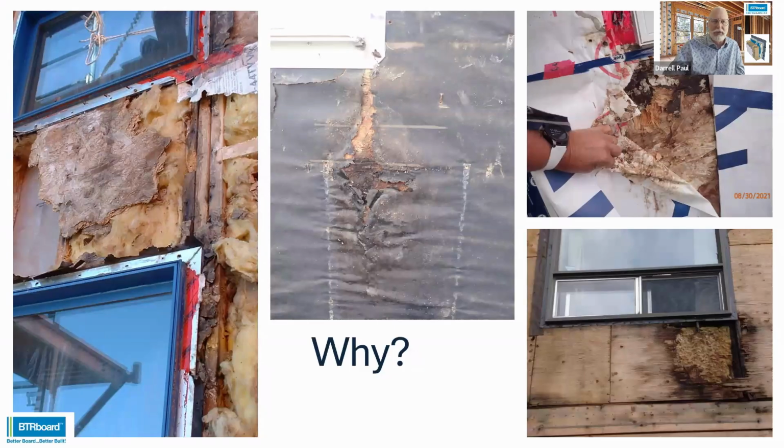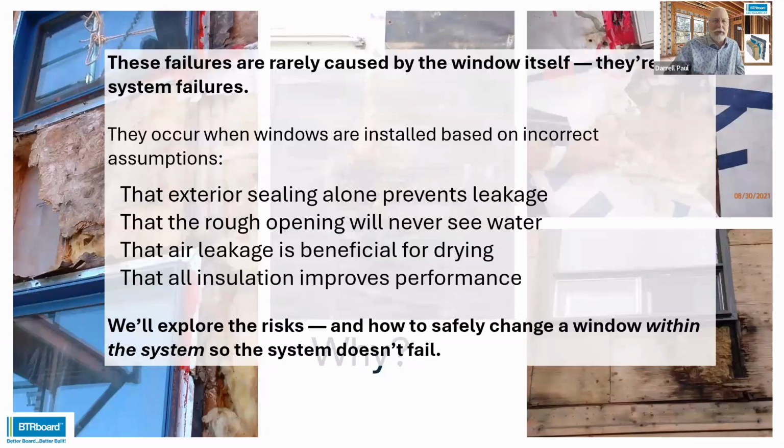Well, in most cases, the cause isn't the actual window itself. The cause is coming from the fact that the window was put into an opening and then there were some assumptions that were incorrect. So for instance, there's 4 points there. The exterior sealing alone prevents leakage. Well, that's an incorrect assumption. That's false.